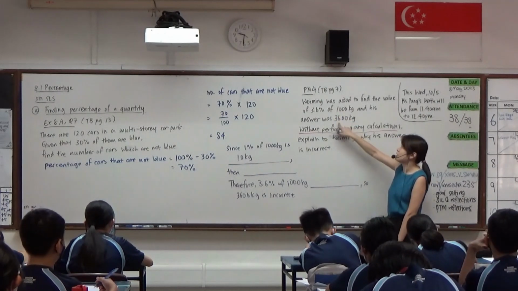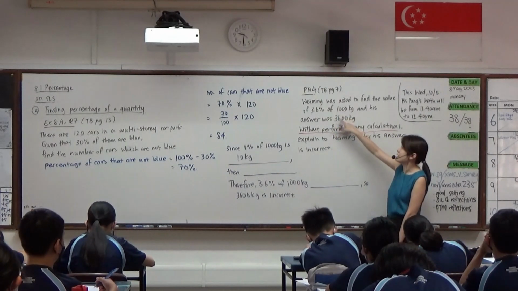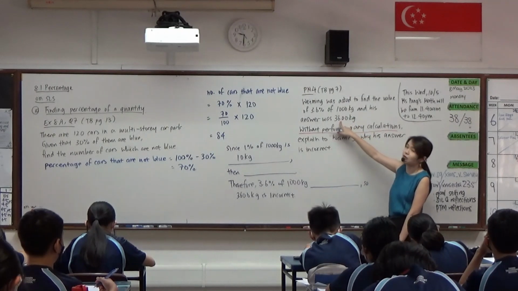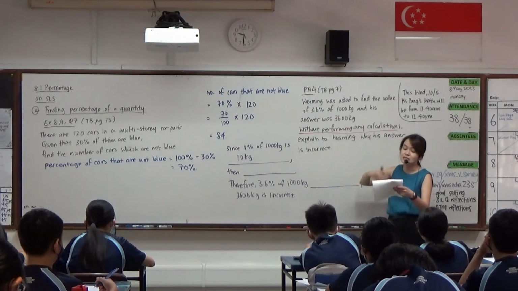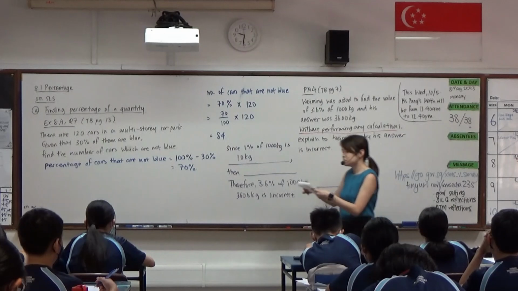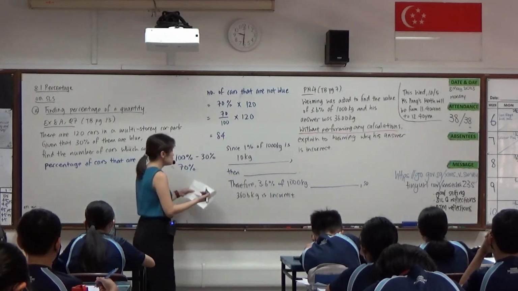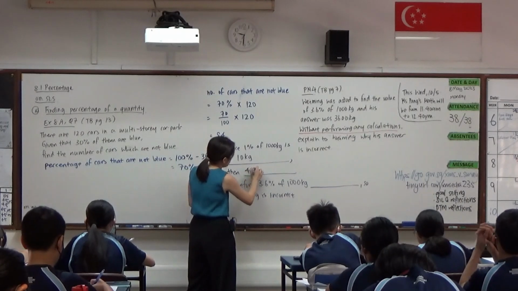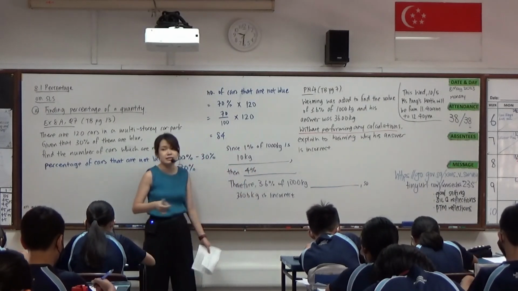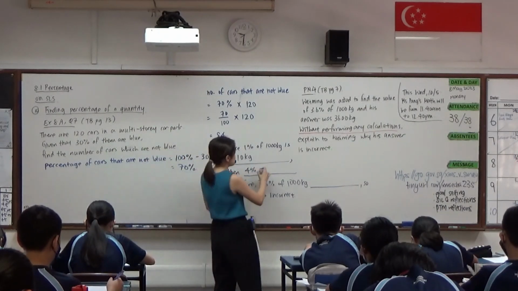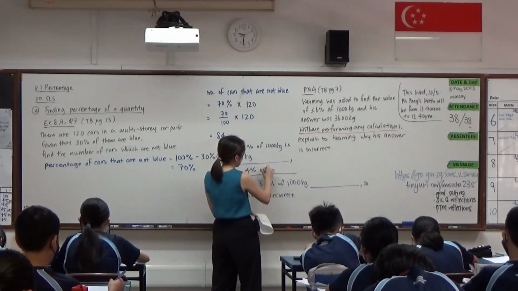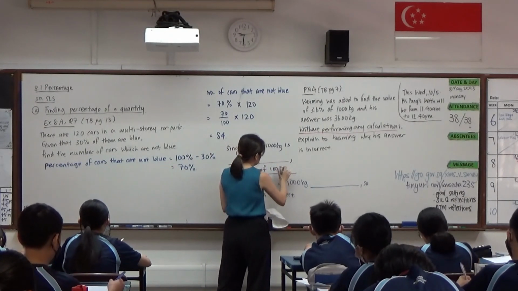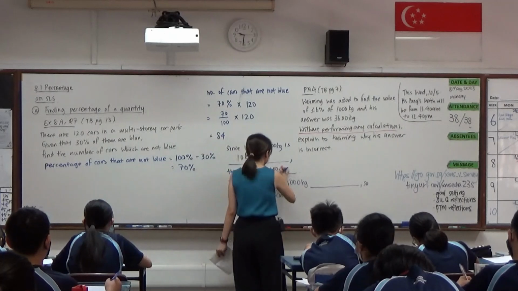So it can never be more than 1000 kg, to hit 3600 kg at all. One way you could also choose to explain is that, because we know 1% is this amount, we can see how much 4% is going to be.